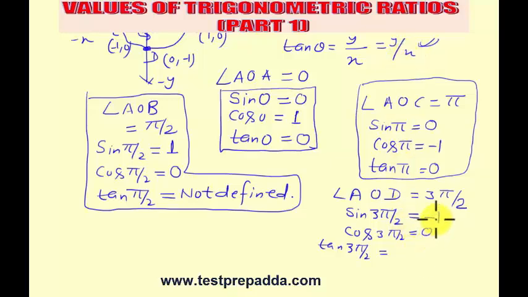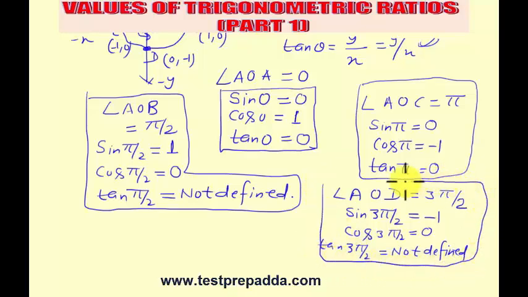The y coordinate is -1. The x coordinate is 0. So any number divided by 0 is what? Not defined. So here we got sine 3 pi by 2, cos 3 pi by 2, tan 3 pi by 2.